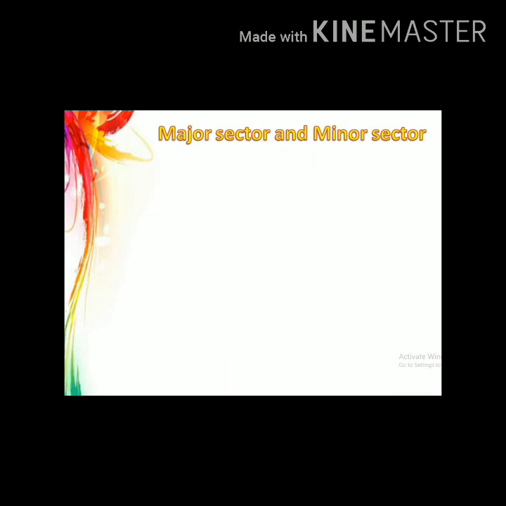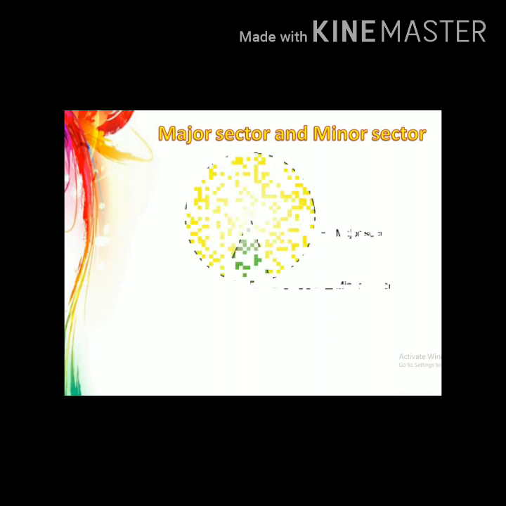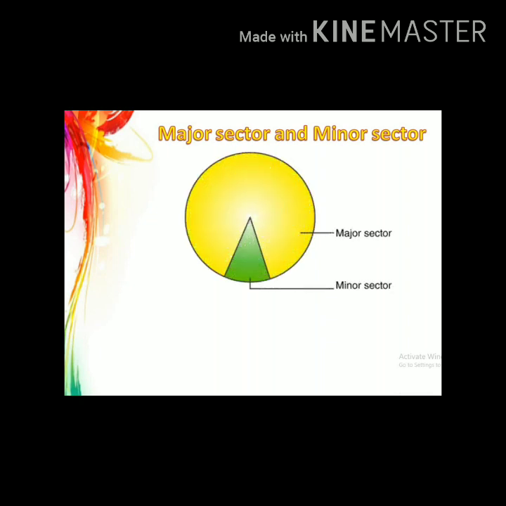Then there come major sector and minor sector. Let's draw it. The circle with a small part, the small part is called minor sector, and the major part is called major sector. In another way, the part containing minor arc is called minor sector.